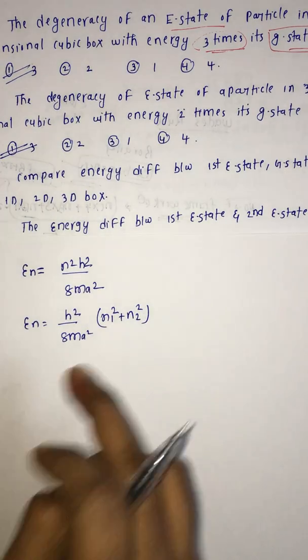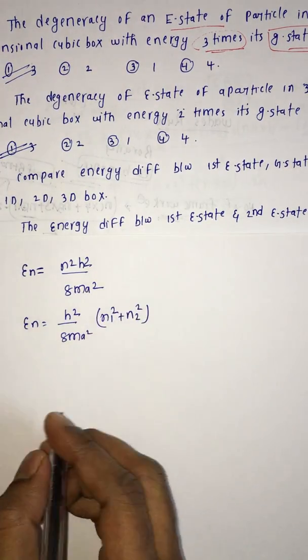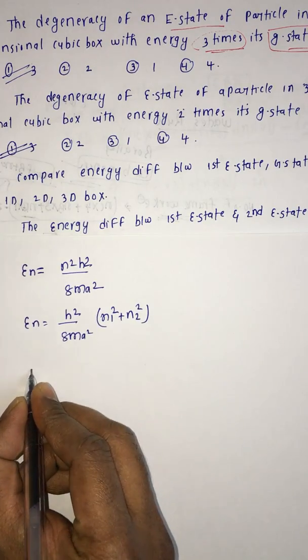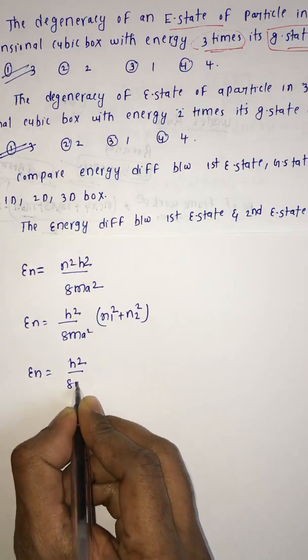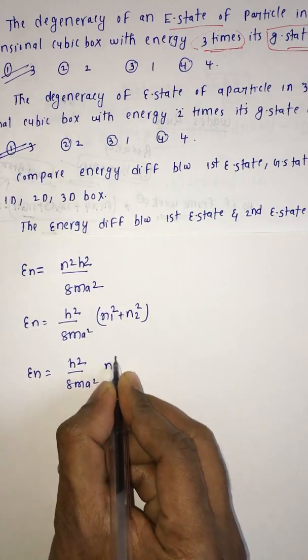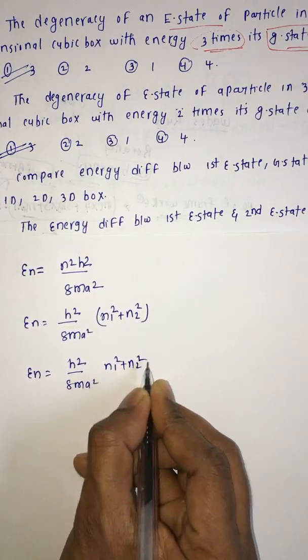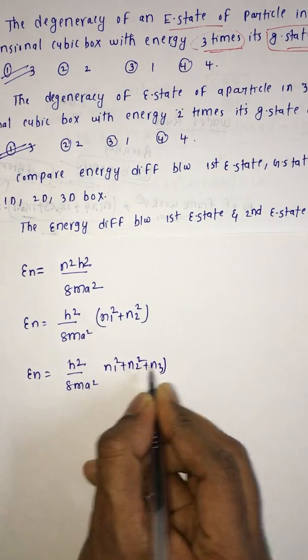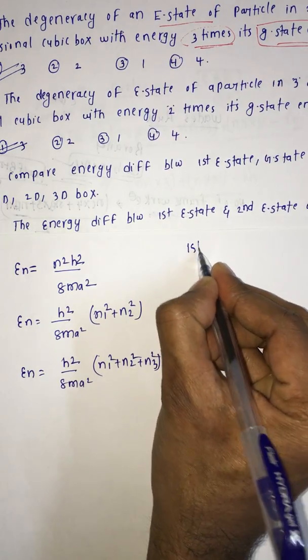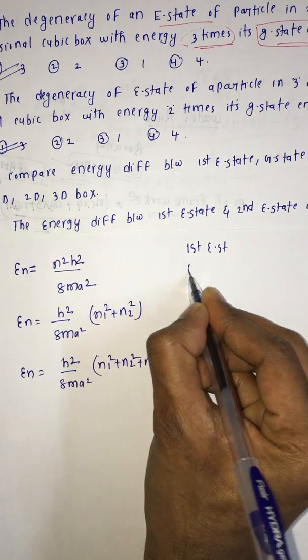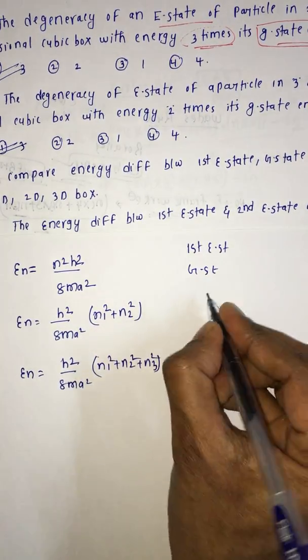If they ask for energy difference, then a negative will come. If they ask for energy, then we have to take positive only. And for the three-dimensional box, n1² plus n2² plus n3². Here it is asked for the first excited state and ground state. First, the 1D box.